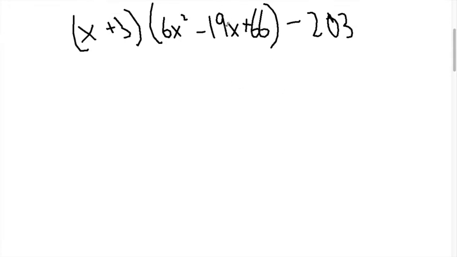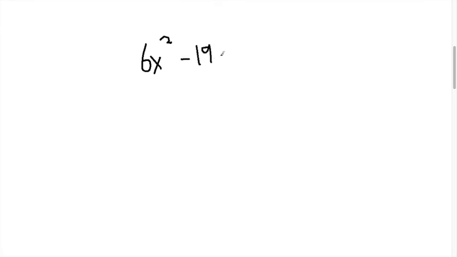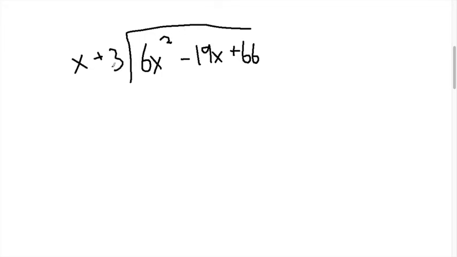Looking at this, you can tell that this middle part can be simplified even further. So let us do that. Once again, we must divide. We take the value that we're trying to simplify even further, 6x squared minus 19x plus 66, and divide it once again by x plus 3.